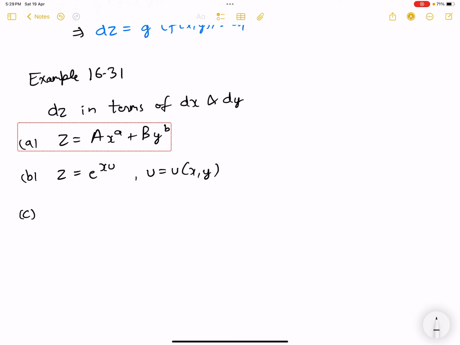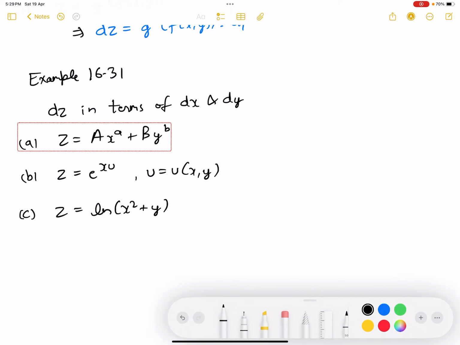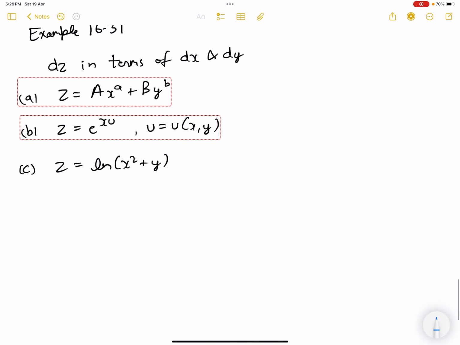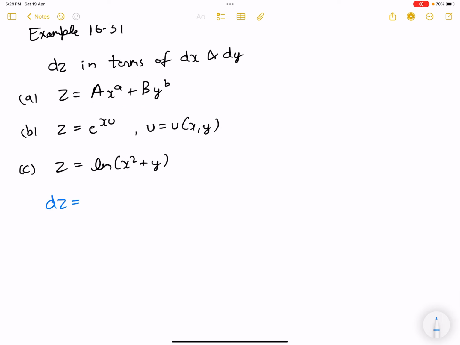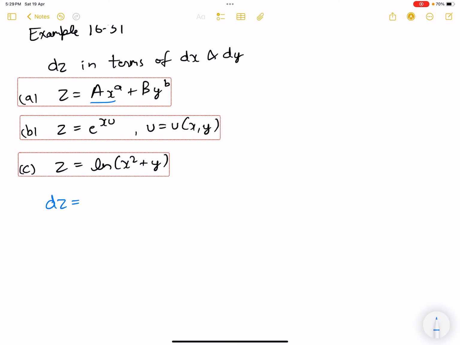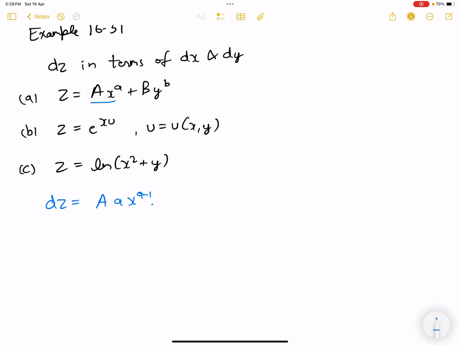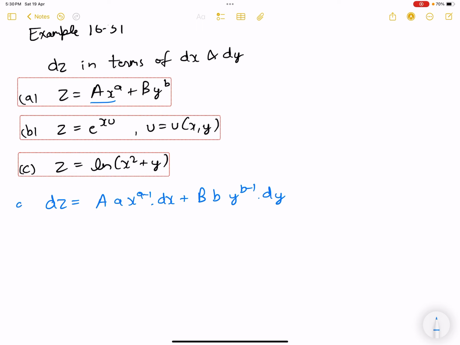And z equals log of x square plus y. Okay, so I'll solve the first one. Derivative of this, del z equals a x to the a minus 1 into derivative of x, which is del x, plus b y to the b minus 1 into derivative of y, which is del y. So this was basic only.